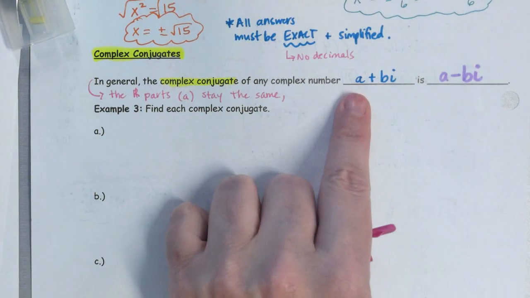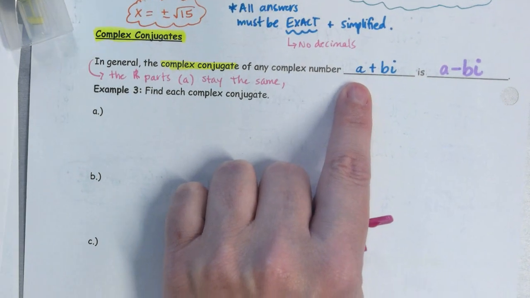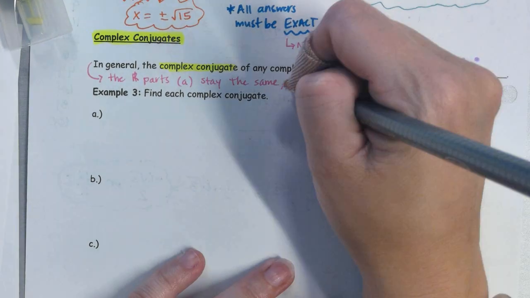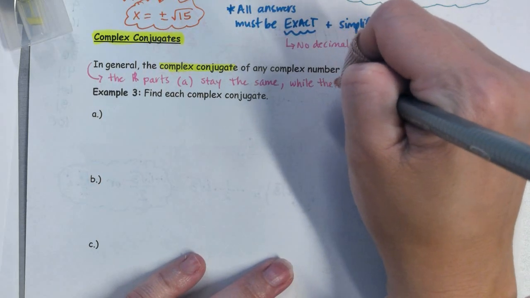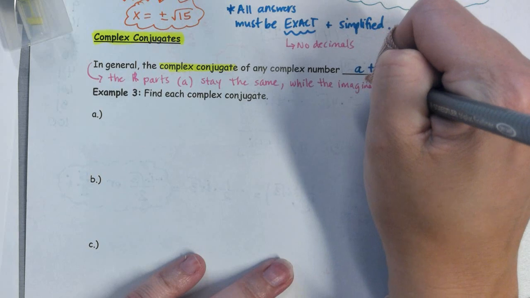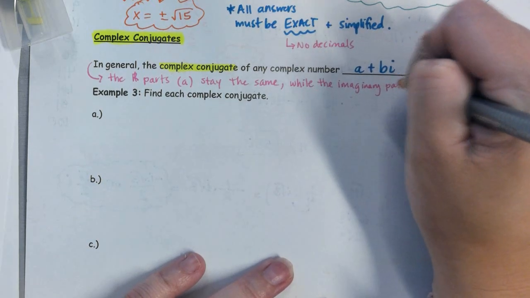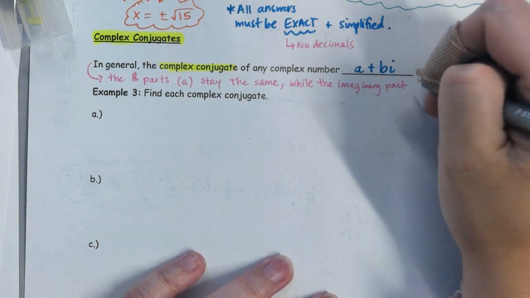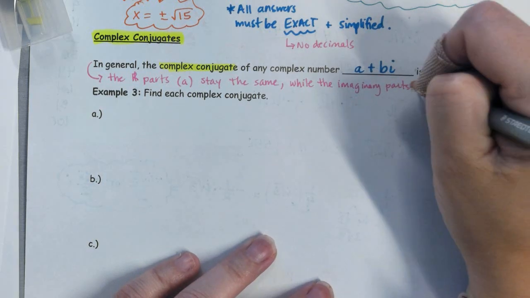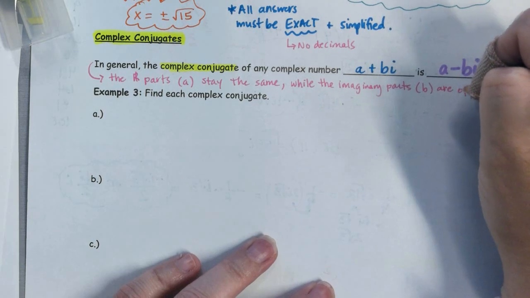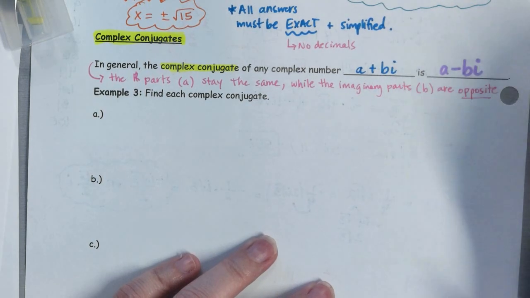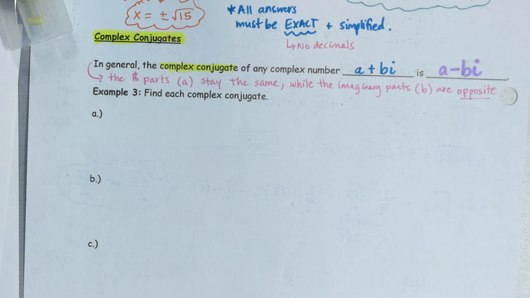So the real part is a, your a value, that stays the same, while the imaginary part, which is b, is opposite. So they change signs. The real part stays the same. The imaginary part is the opposite.